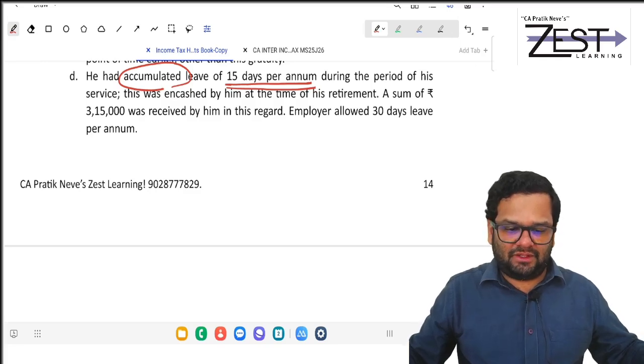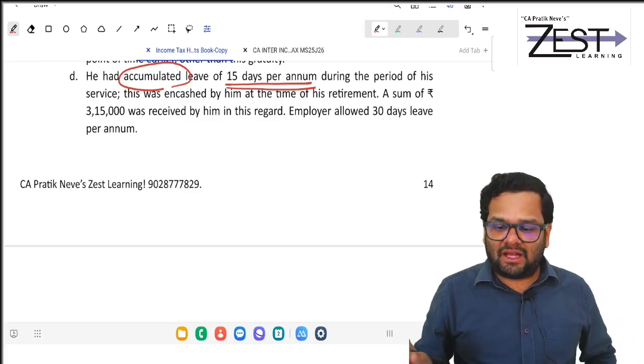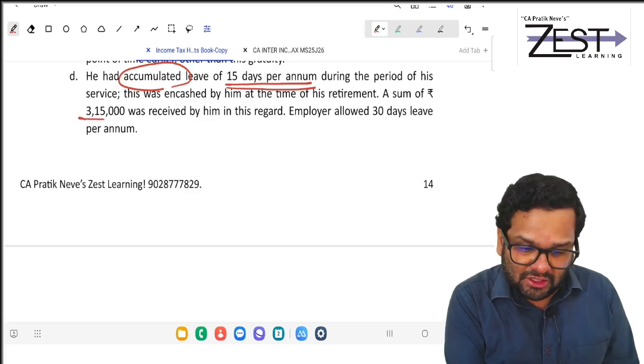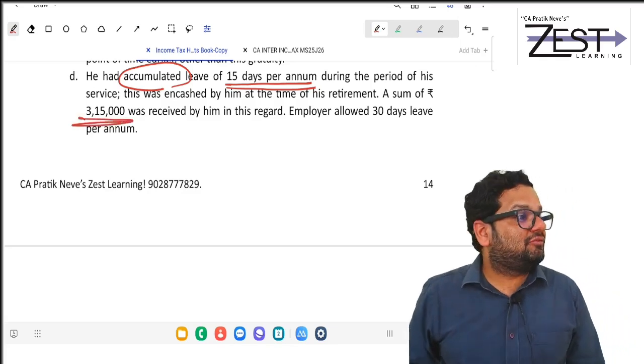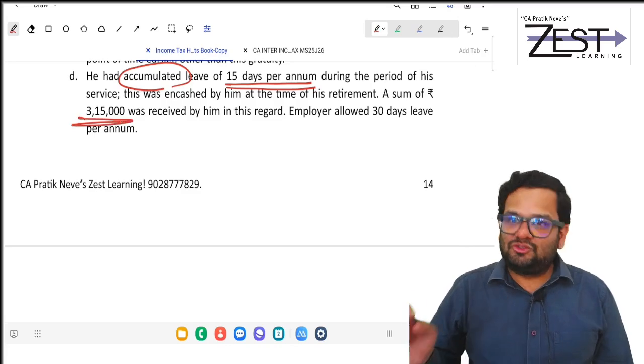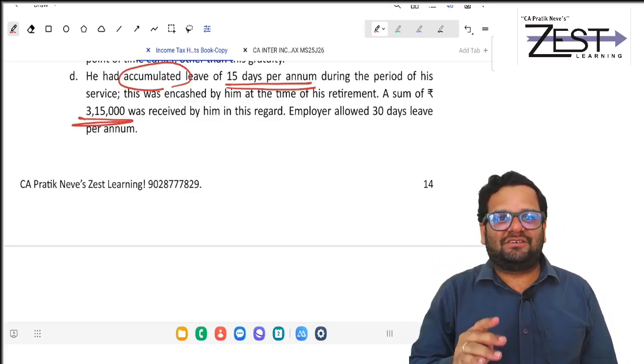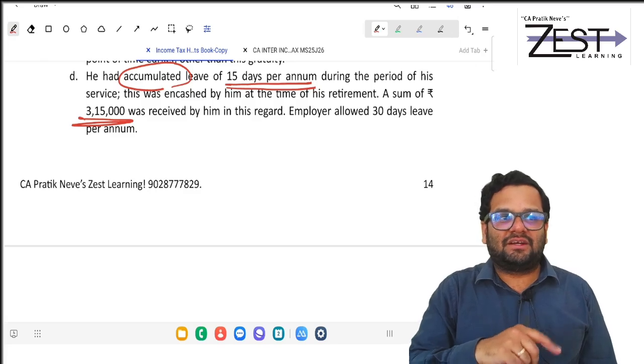During the period of his service, this was encashed by him at the time of retirement. Actual leave encashment is 3,15,000. So you already got two figures. One is actual, second is statutory limit.